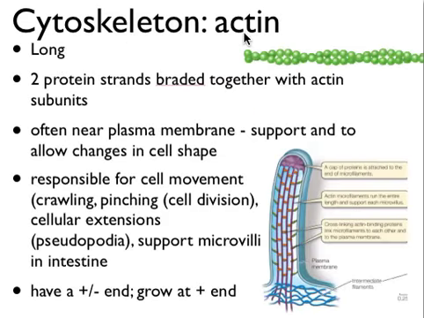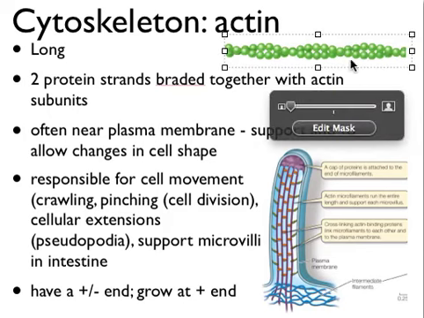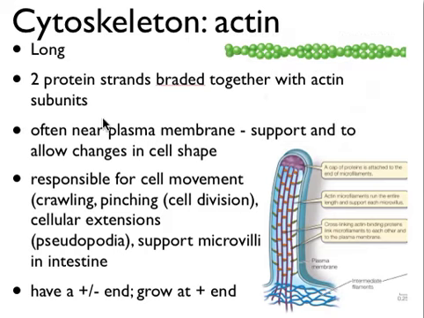So first of all, the actin filaments, it basically looks like this. It's long, and it's two protein strands braided together with actin subunits. It's often near the plasma membrane to support and allow change in the cell shape, so it is quite flexible.